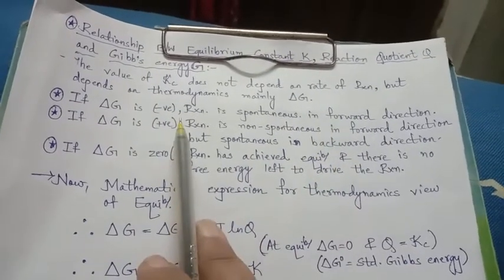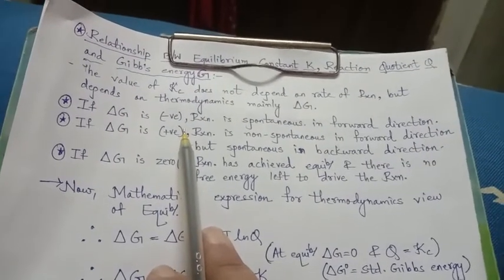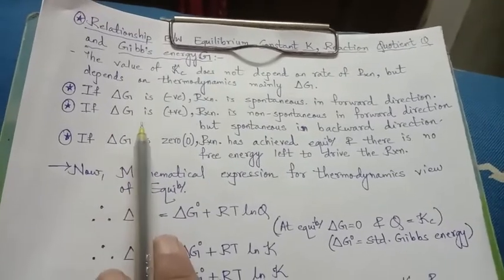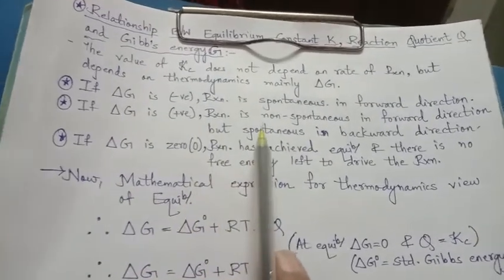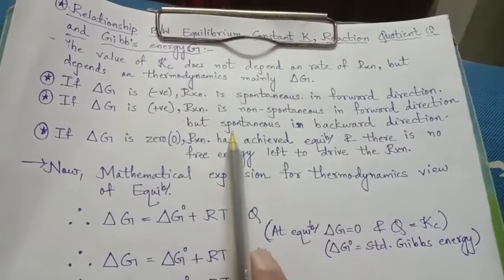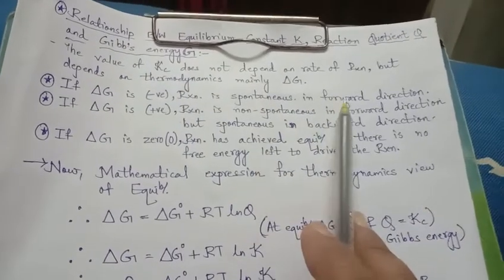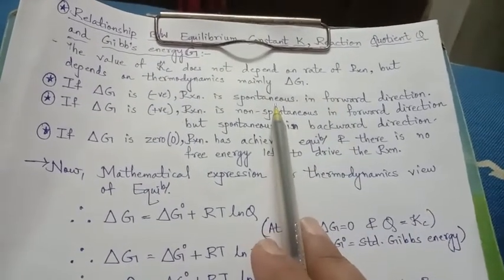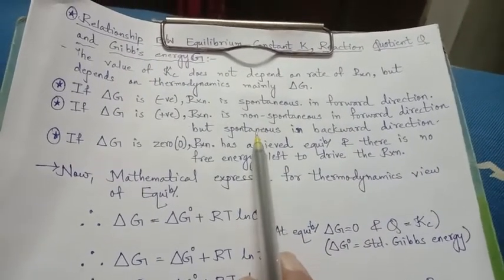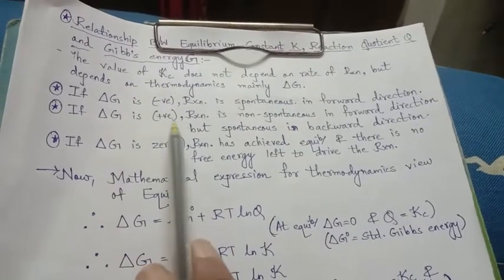That means in the reverse direction, in the backward direction, the value will be positive. Another condition, if delta G is positive, the reaction is non-spontaneous in the forward direction, but it will be spontaneous in the backward direction. As I told, if forward is spontaneous, then backward will be non-spontaneous. Here forward is non-spontaneous, then backward will be spontaneous. But for it, delta G negative, delta G positive.